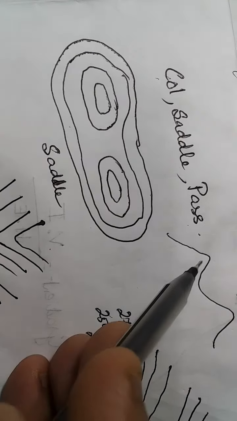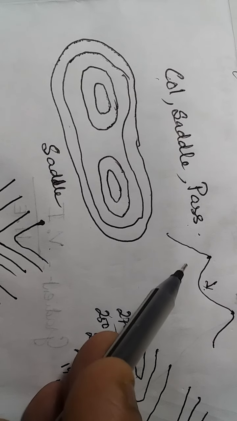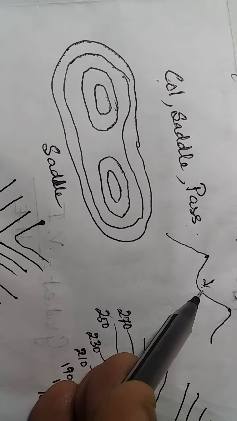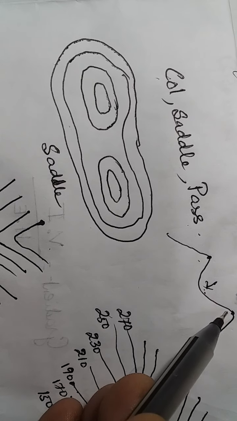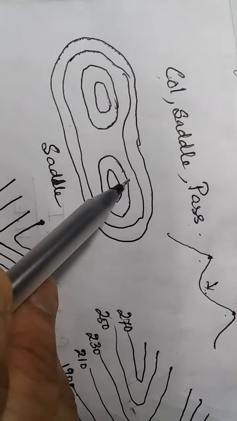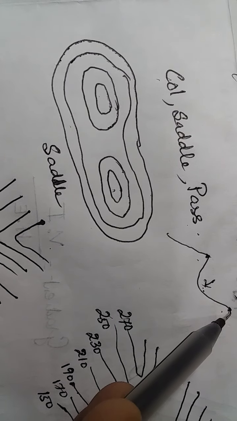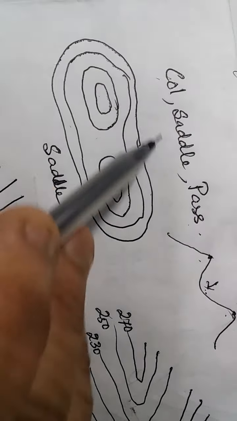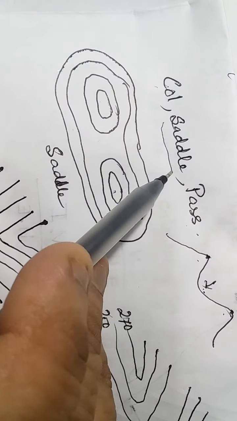This is a peak here, another peak, and this is the low lying region. It's not a valley. Saddle is not a valley, but it is a low lying region between two peaks. So this will be depicting this peak, and this will be depicting this peak, and this is the low lying region. So that is what we call saddle.